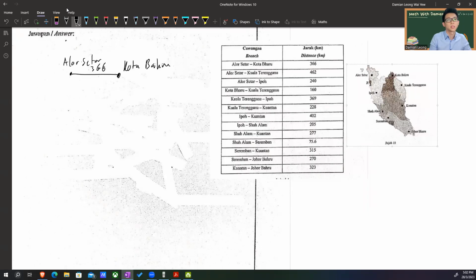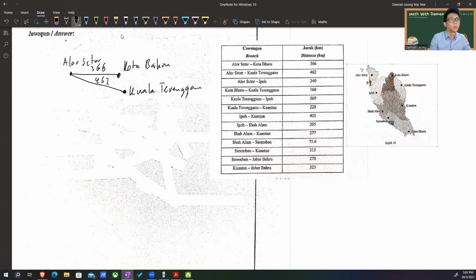Distance 366 km. And Alosta to Kuala Terengganu, 462.